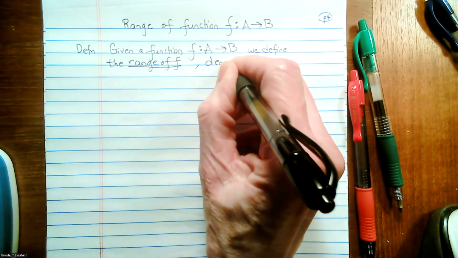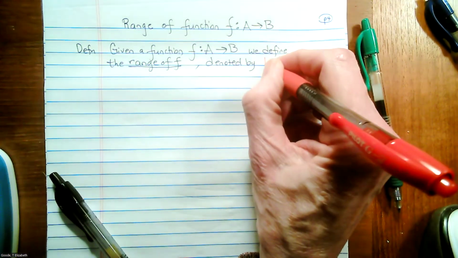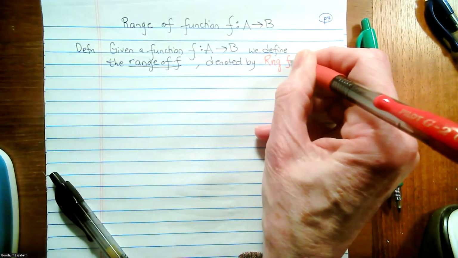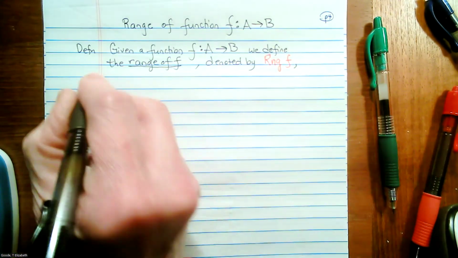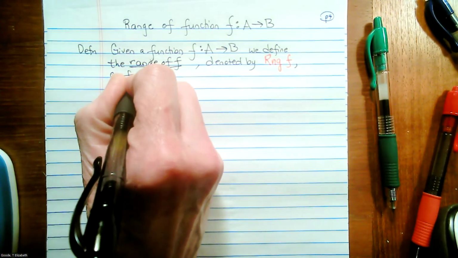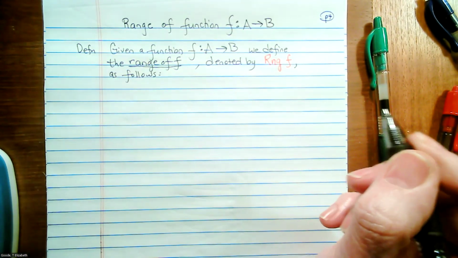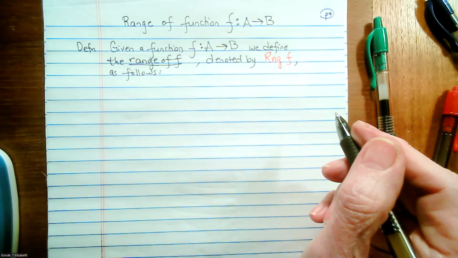Denoted by, there's a little shorthand, it's capital R N G of f. Sometimes you see parentheses around the f, as follows. Well, what is the range of f? Well, intuitively, folks, it's the elements in Y that actually get hit by an arrow.